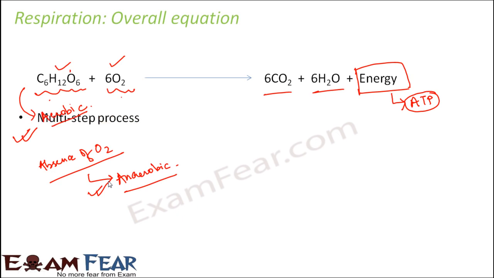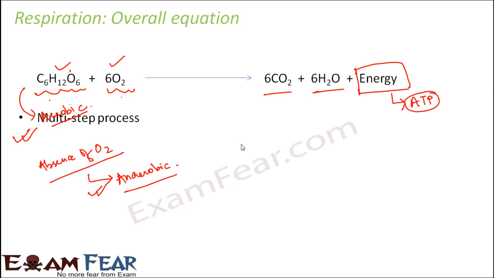So this respiration, even though here I have mentioned it as a single equation, is not a single step process. I already mentioned why, because if so much of energy gets released in one single step, there is a chance that a lot of it will get wasted in the form of heat. So if it is a multi-step process, a small amount of energy will get released in each step, and those energies can be utilized for synthesis of ATP.